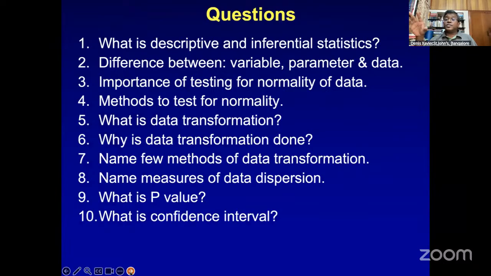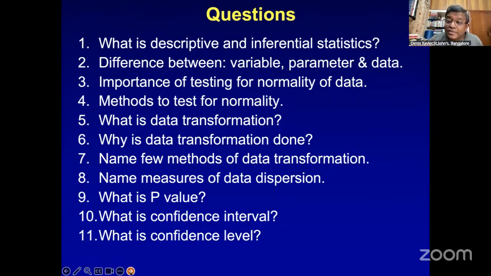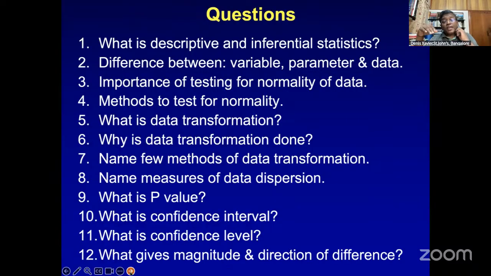What is a confidence interval? We keep getting this all the time. These are basics, fundamentals in statistics. What is confidence level? What is confidence interval, and what is confidence level? Two different things. And finally, magnitude and direction of difference between groups. We keep looking at that.